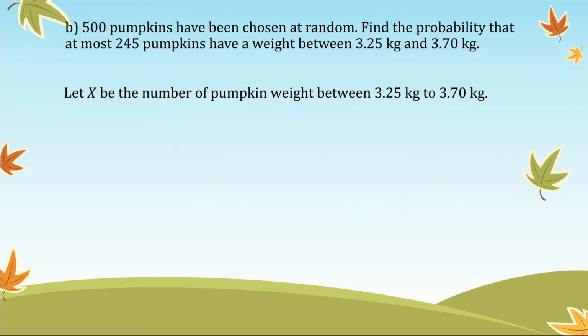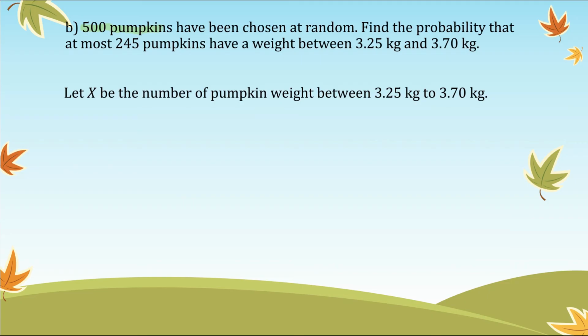For B, 500 pumpkins have been chosen at random. Find the probability that at most 245 pumpkins have a weight between 3.25 kg and 3.7 kg. For this question, our X now is the number of pumpkin weight between 3.25 and 3.7 kg. Because it gives us N, that means 500 pumpkins.